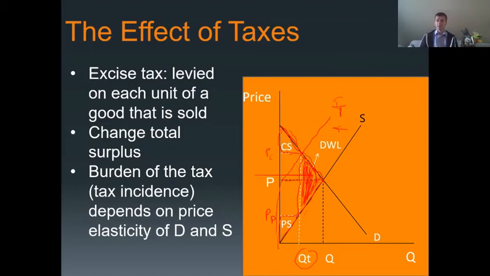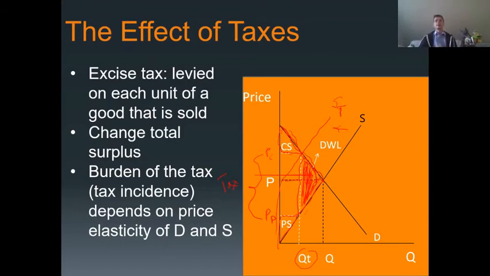Now, what is the difference in this? Well, a lot of it has to do with terminology. So first of all, how much is the tax itself? If you want to measure per unit, how much is the tax itself? Well, it's the difference between the consumer price and the producer price. So if you just take those two numbers, subtract them, that's the tax.